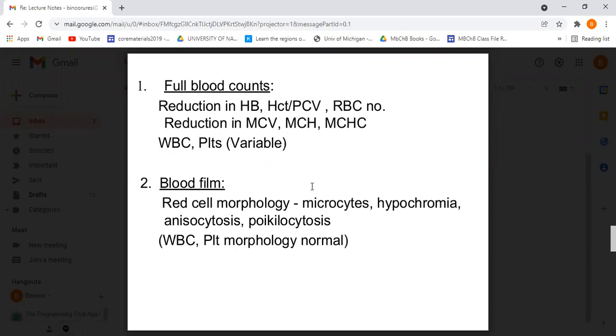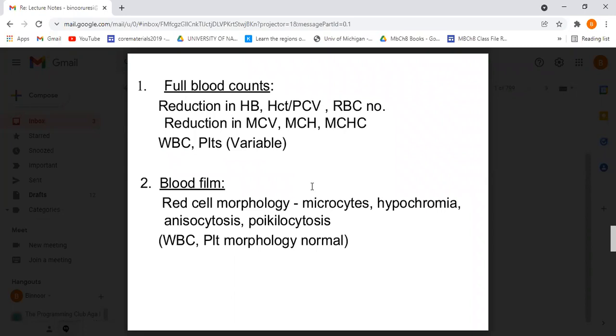Remember, we talked about morphology up there. So here is the red cell morphology where we'll see the microcytes. We shall see the hypochromia. We will see the anisocytosis, and anisocytosis means different sizes. They won't be uniform, they won't all be the same size. There'll be normal ones, might be big ones, but predominantly in microcytic hypochromic anemia, you see mainly microcytes and hypochromic cells.